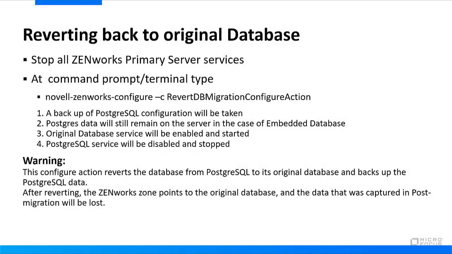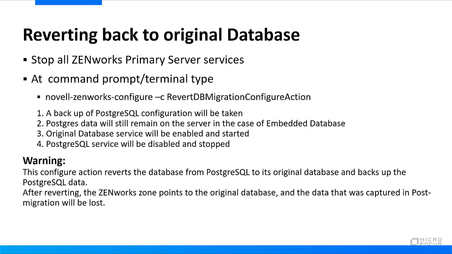Some things about reverting back to the original database. Stop all the ZENworks primary services. At the command prompt or terminal, type Novell ZENworks configure -c revert DB migration configure action. A backup of the PostgreSQL configuration will be taken. Postgres data will still remain on the server in case of an embedded database.